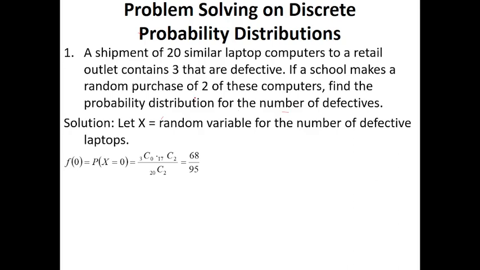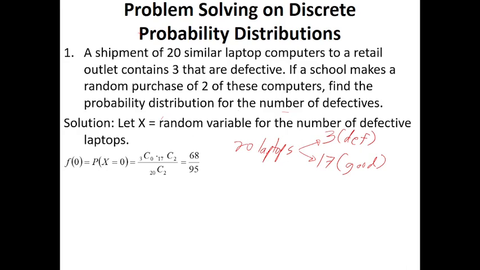If a school makes a random purchase of 2 of these computers, find the probability distribution for the number of defectives.